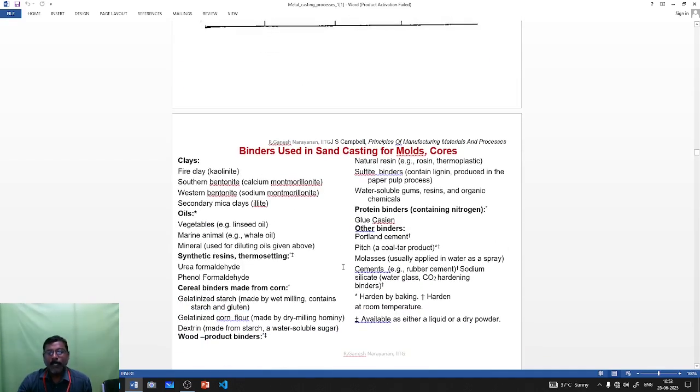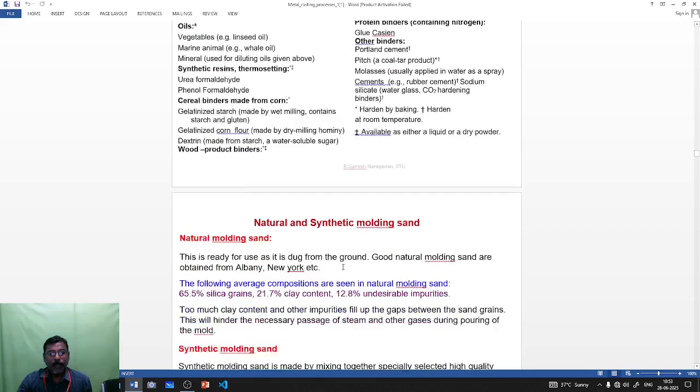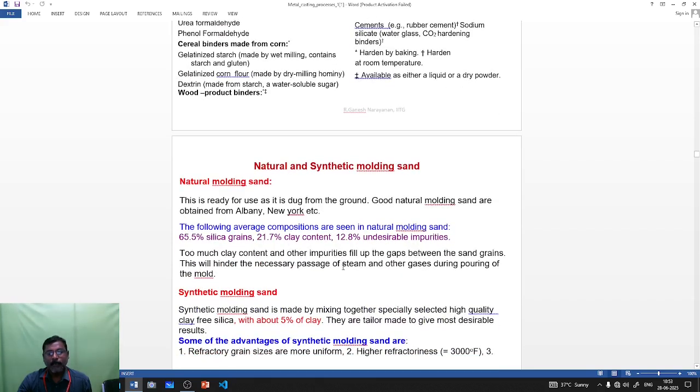Binders used in sand casting for moldless cores include fire clay, oil, synthetic resins, wood flour, etc. Now, natural and synthetic molding sand. Natural molding sand is ready for use as it is dug from the ground.